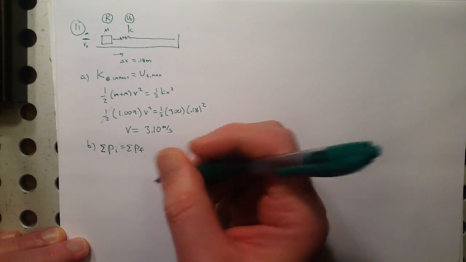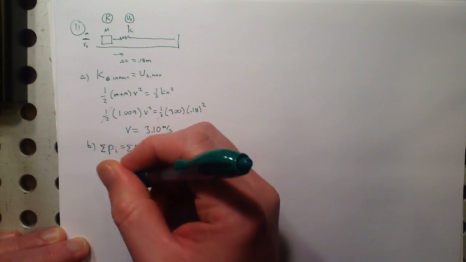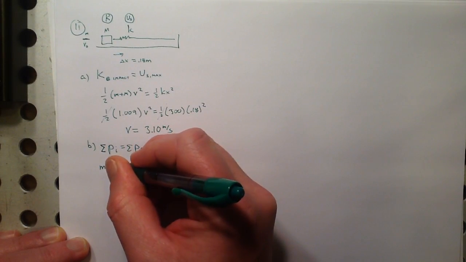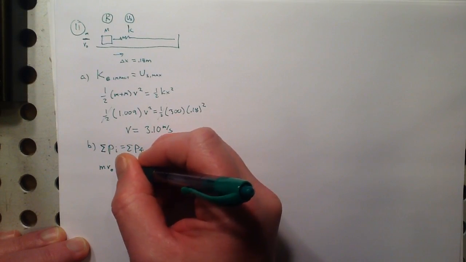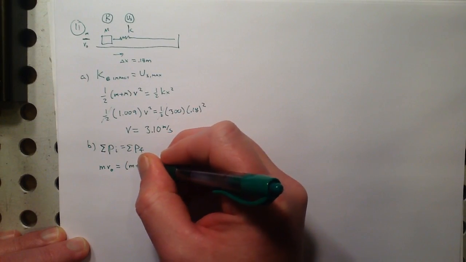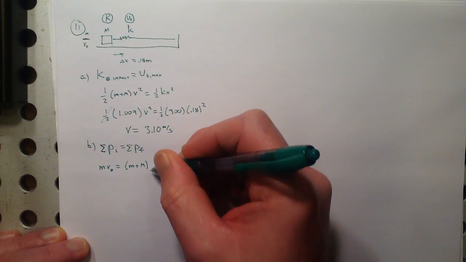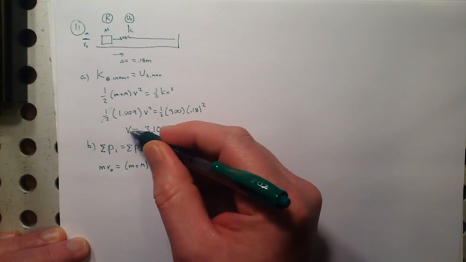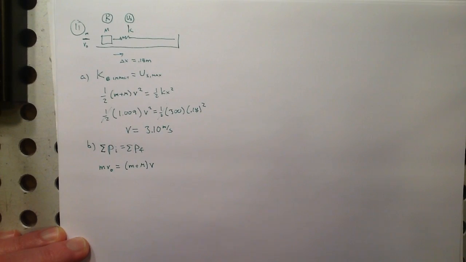All right, so momentum before is the mass of the bullet times its initial velocity. That's the only thing moving. And then afterwards, we have the bullet and block going at this velocity v that we found here.